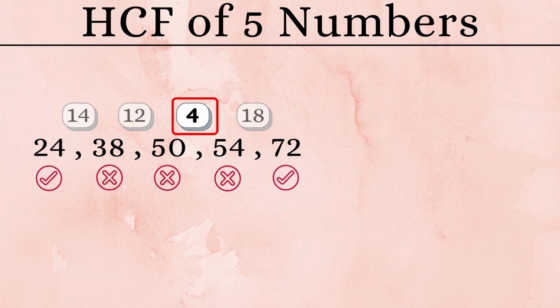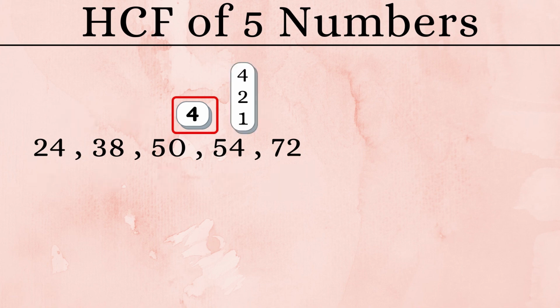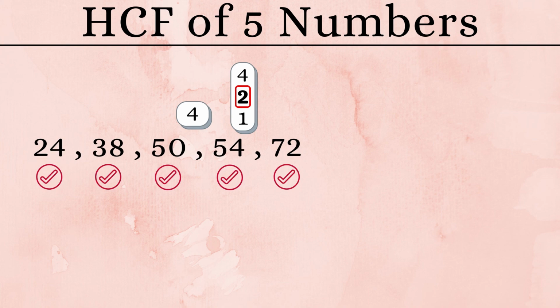But only 24 and 72 are multiples of 4. The other 3 numbers are not. So we list down the factors of 4 and we find that the next largest factor is 2 and all our numbers are multiples of 2. Hence, the HCF of 24, 38, 50, 54 and 72 is 2.